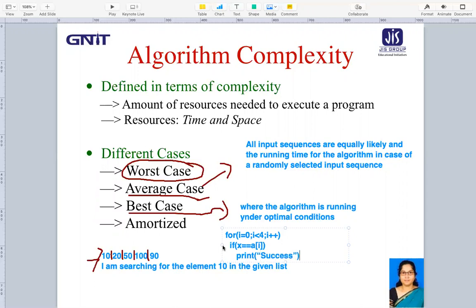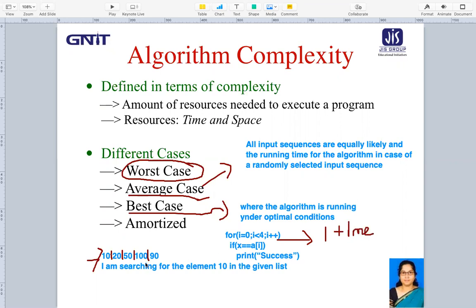If I'm searching for the first element 10, this loop is going to run only one time.